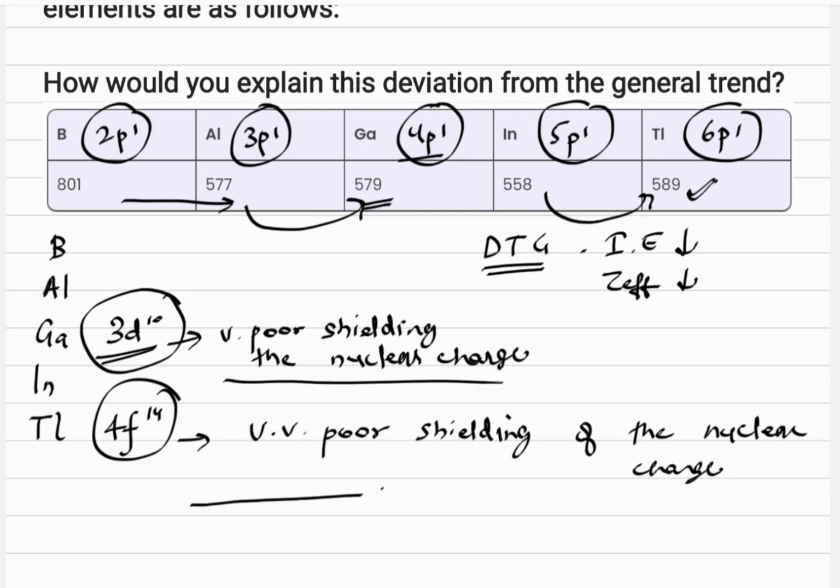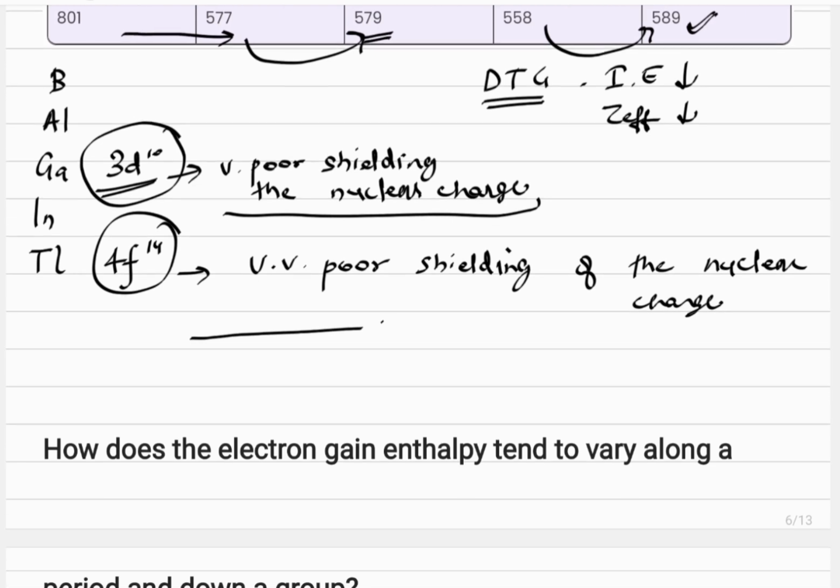Going from aluminium to gallium, inclusion of d electrons is the reason for the high Z effective, because d electrons are poor in shielding. And going from indium to thallium, inclusion of 14 4f electrons is the reason why Z effective is unusually high, because f electrons are also very poor in shielding.